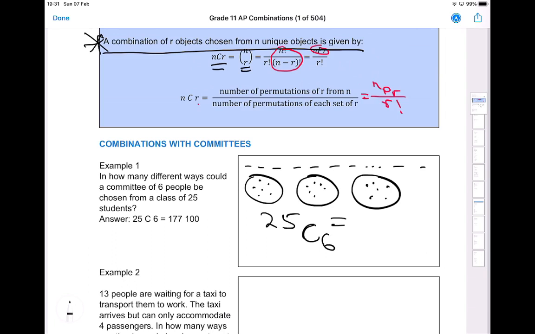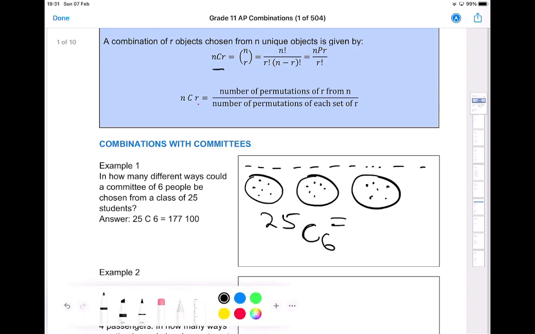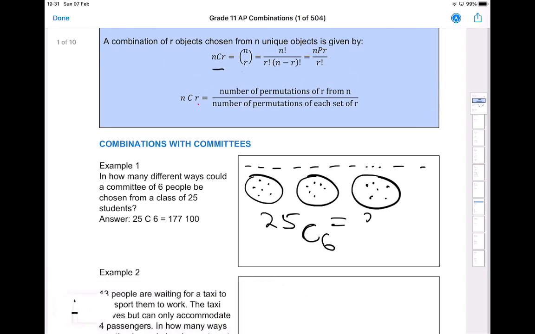You can put this in your calculator and get your answer straight away, or you can apply that formula there. The formula says n factorial, which in this case will be 25 factorial, divided by r factorial, which will be 6 factorial, multiplied by (n minus r) factorial. n minus r is 25 minus 6, which gives you 19, so that would be 19 factorial.